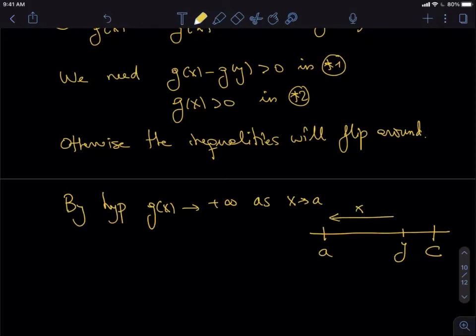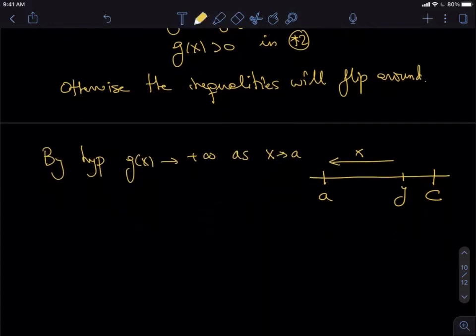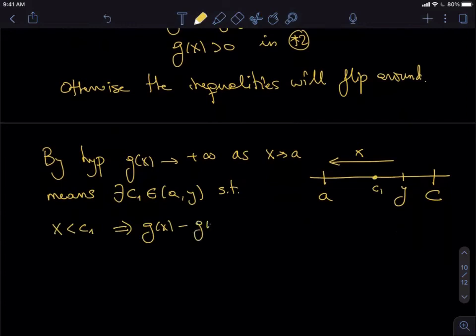So the fact that g of x tends to infinity as x tends to a means by definition that there exists c1 in (a, y), let's say somewhere here, such that if x is less than c1, then g of x minus g(y) is positive and g of x is also positive.